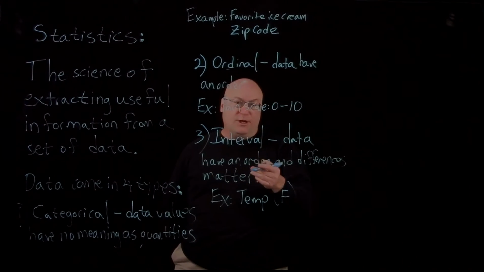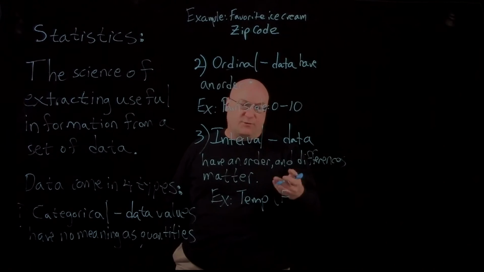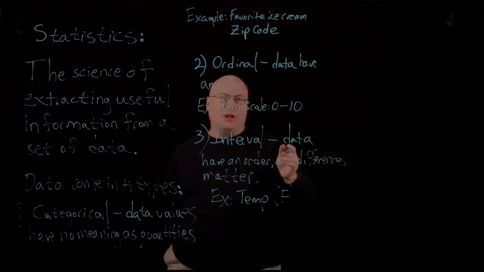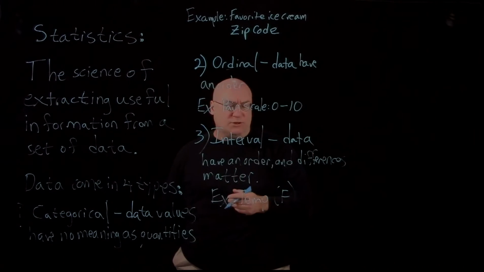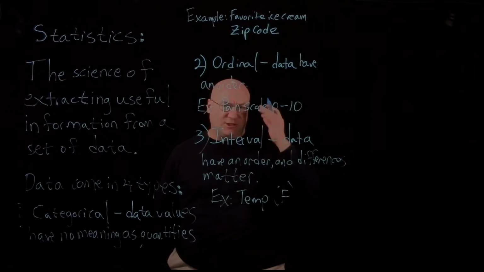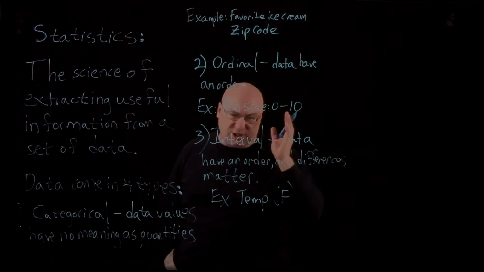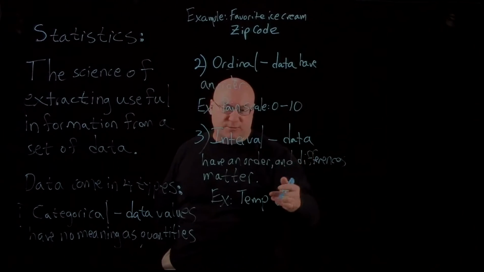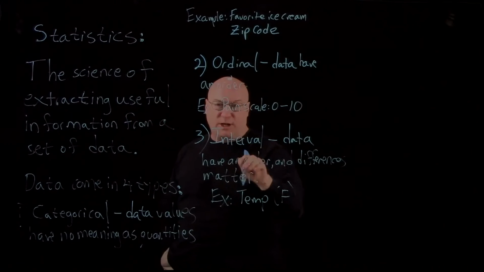And also, I can say to you 50 degrees is 20 degrees warmer than 30 degrees, and that has meaning. It doesn't have a lot of meaning up here if I tell you, well, my pain is 7 and yours is 4, so mine is 3 greater than yours. That just doesn't really have much meaning, unlike down here where we understand that the idea of a 20-degree difference in temperature makes sense. So there's a little more information here if we're talking about interval data.